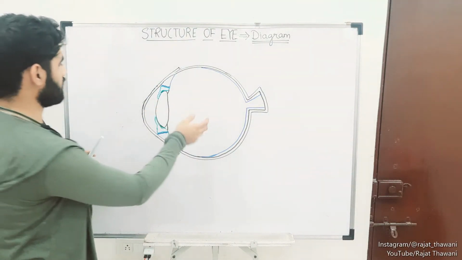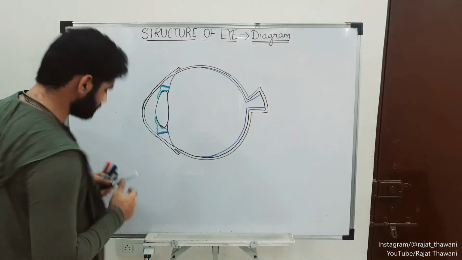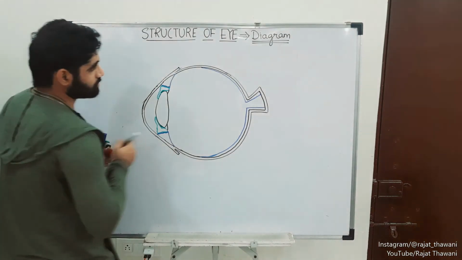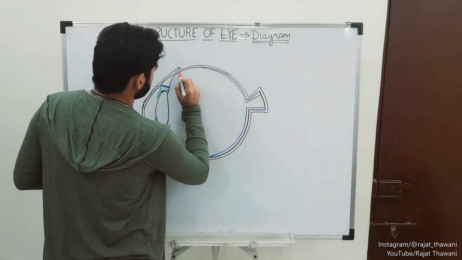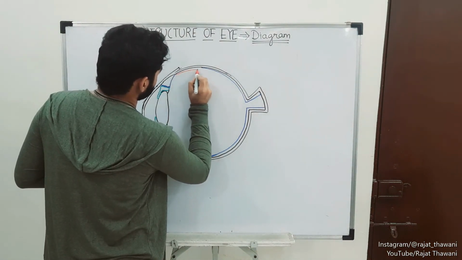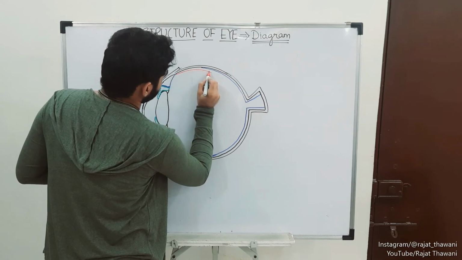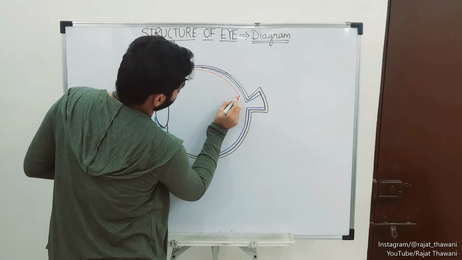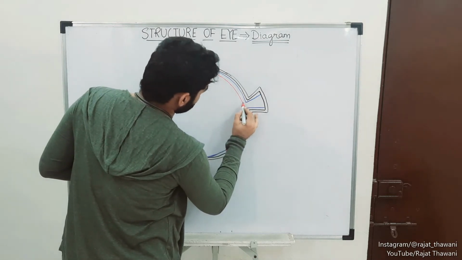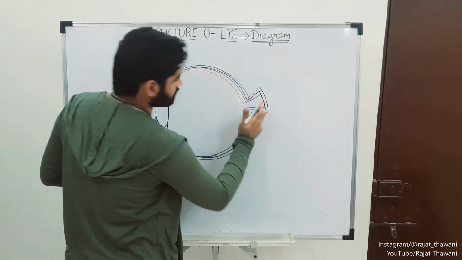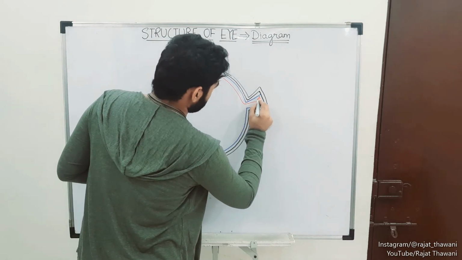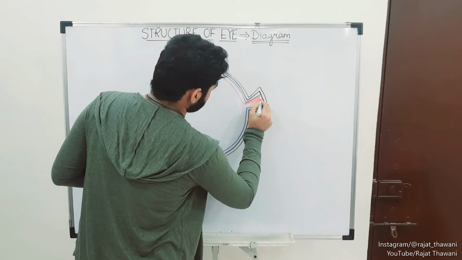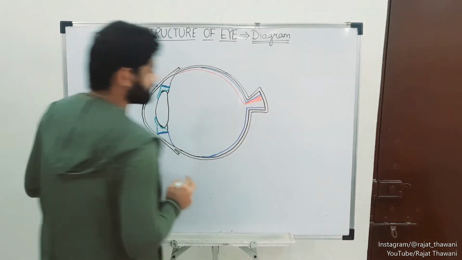Now let's go for the retina. The point where the ciliary body ends, from there you need to start the retina. The thickness of the retina is a bit more. The retina has to be continued inside in this region, but through these lines which I am making, because there are no fibers present.